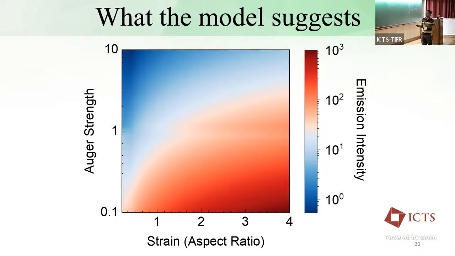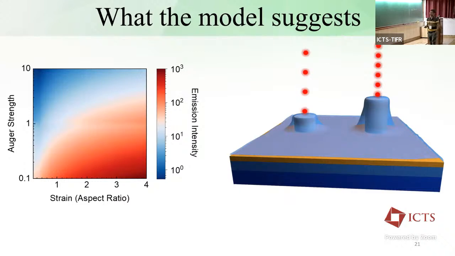What the simulation told us is that if you increase strain, that is actually going to help you. However, at the same time, if you can reduce Auger through some other mechanism, that's also going to be very useful. So we would prefer to be in this high strain regime. Let us see how we try to do that.